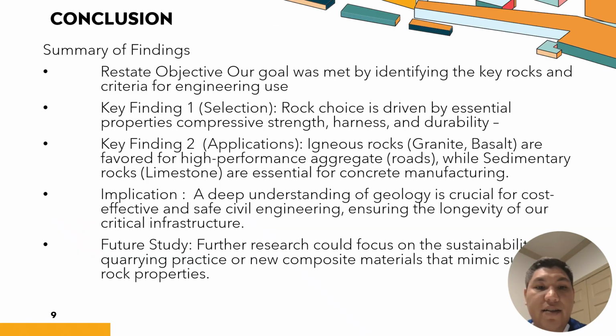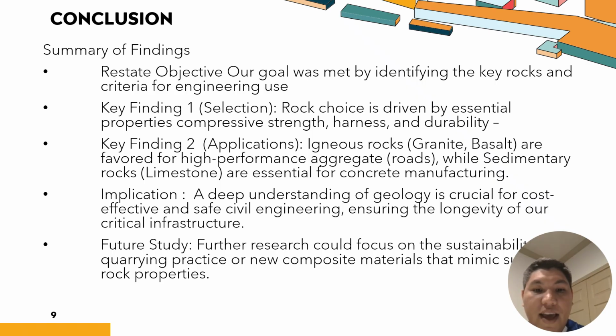The summary of findings and conclusion. The objective or goal was to identify the key rocks and criteria engineers use. Key finding one: selecting rock is driven by decisions on compressive strength, hardness, and reliability. Key finding two: the applications. The igneous rocks, granite and basalt, are favored for high performance aggregate, and the sedimentary rocks like limestone are crucial for concrete manufacturing.